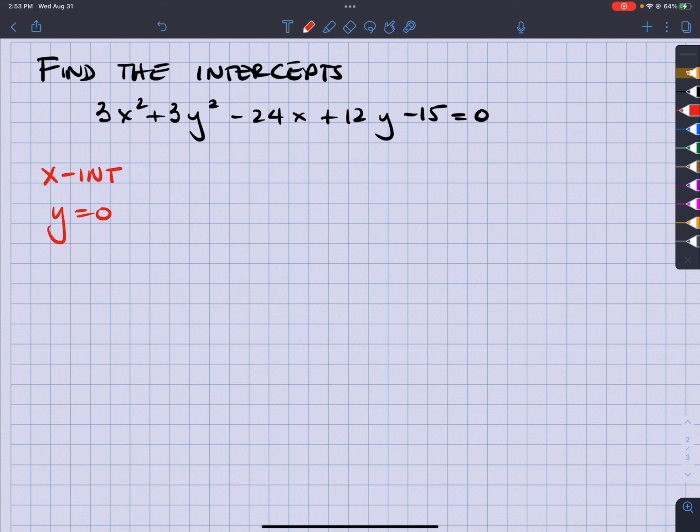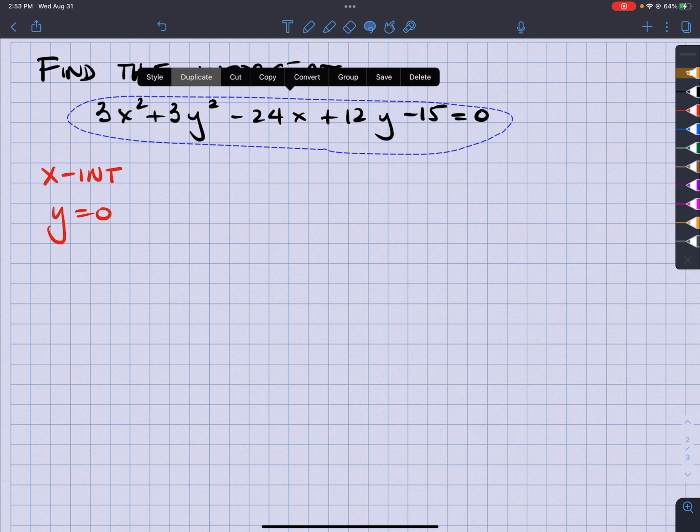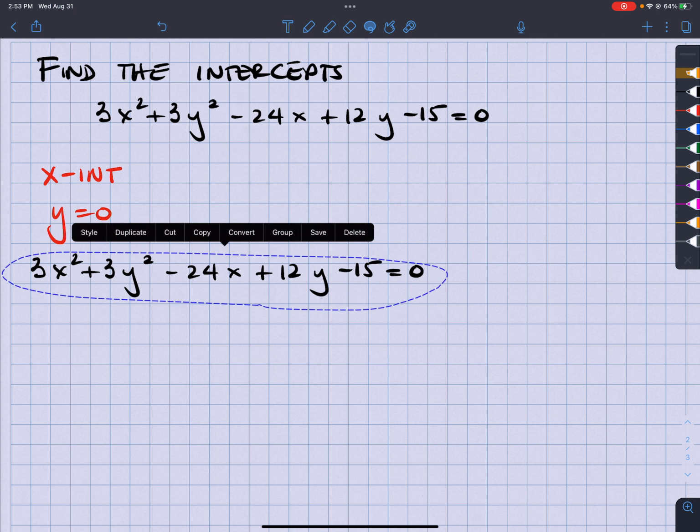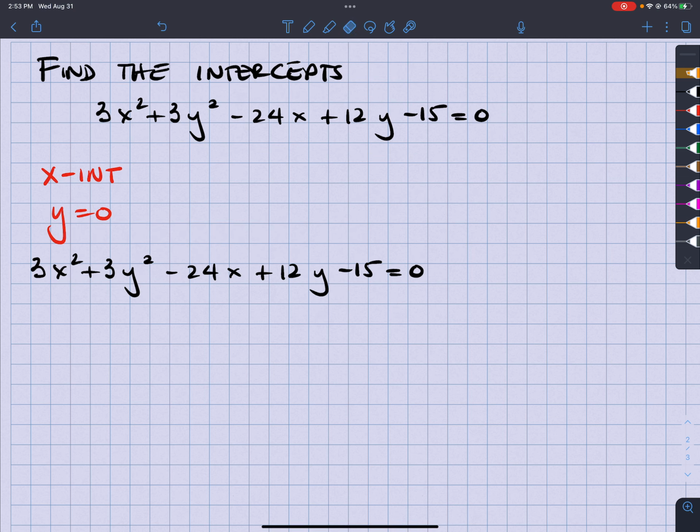So if the y value is equal to 0, okay, so if we look at this, that means that this y is 0, right? So what do we have left?